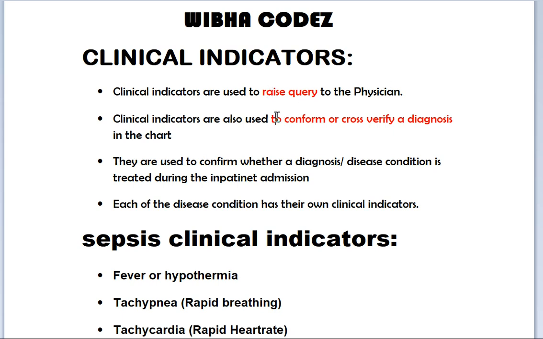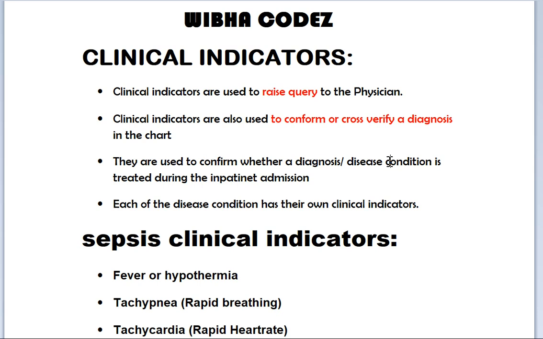And also it is used to confirm or cross verify a diagnosis. For example, let us take sepsis. If there is sepsis in the chart, we will also see the supporting documentation to code the sepsis.